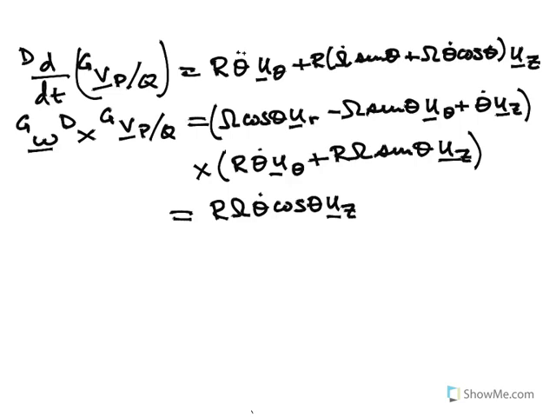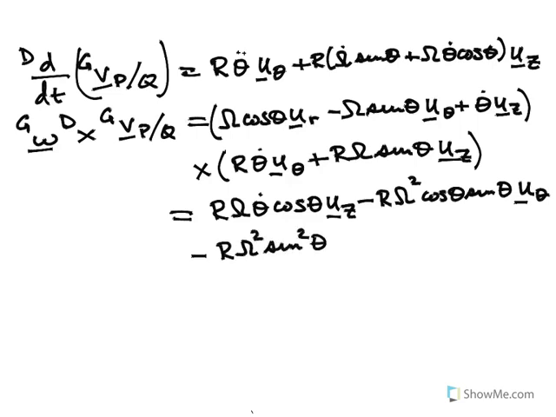Ur crossed with uz is equal to minus u theta, so I get minus r omega squared cosine theta sine theta times u theta, and then u theta crossed with u theta is 0, u theta crossed with uz is ur, so I get minus r omega squared sine squared theta times ur, and then the last term is uz crossed with ur, which gives me minus r theta dot squared times ur.